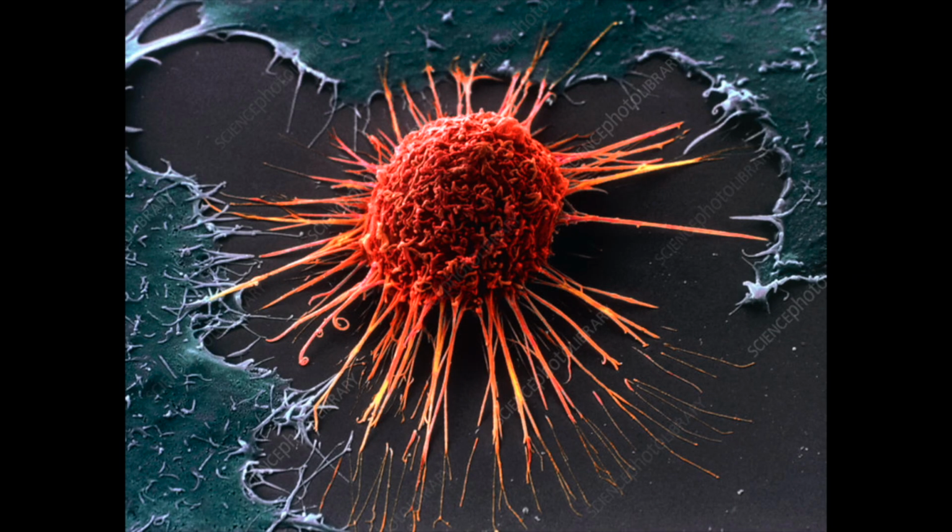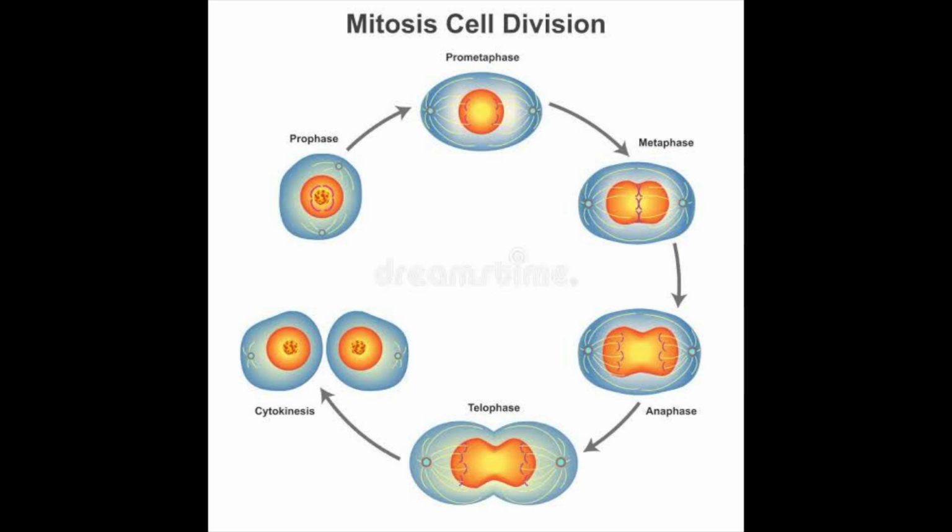These genes normally stimulate cell growth and division. When mutated or overexpressed, they become oncogenes, permanently turning on the signal for the cell to divide. Tumor suppressor genes. These genes normally slow down cell division, repair DNA mistakes, or tell cells when to die.